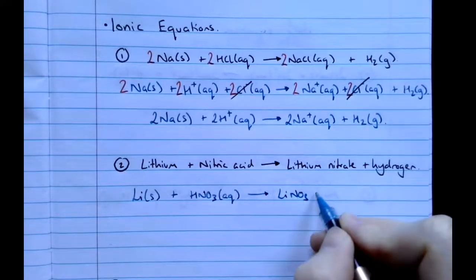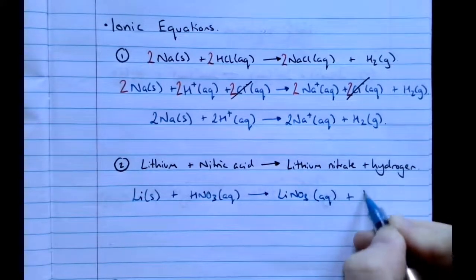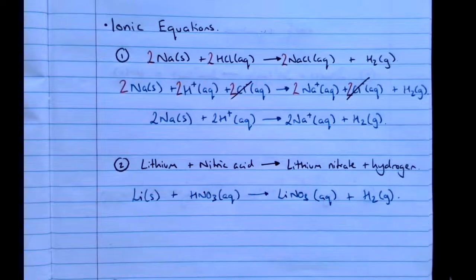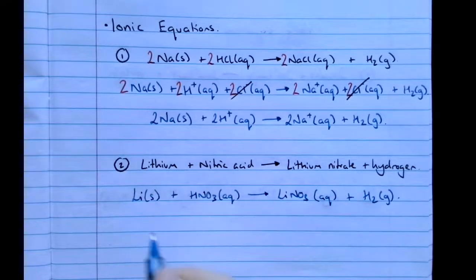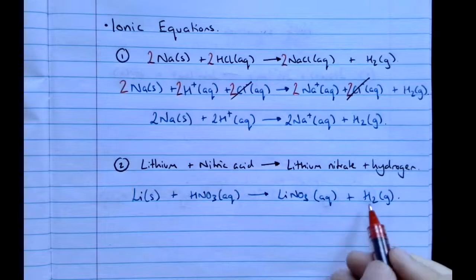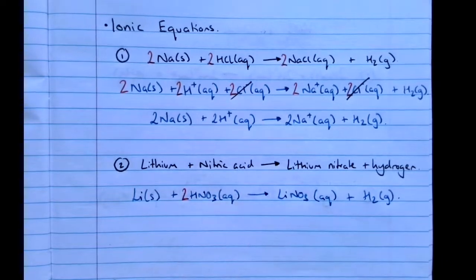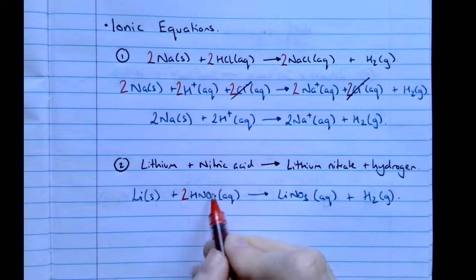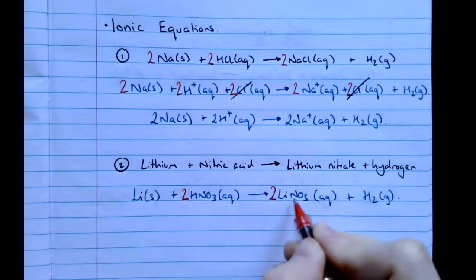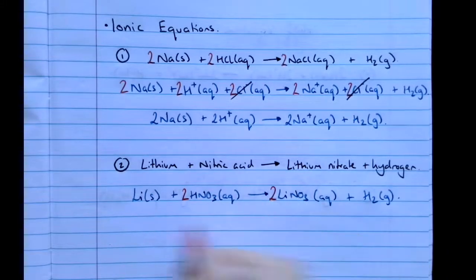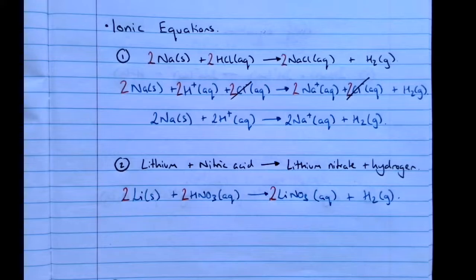That's going to be an aqueous solution plus H2 gas. Now, is it balanced? No, it's not. So I've got 2 hydrogens here, so I need to have 2 hydrogens here. Now I've got 2 NO3s here, so I need to have a 2 there to make 2 NO3s, and because I've now got 2 lithiums, I need 2 lithiums there.